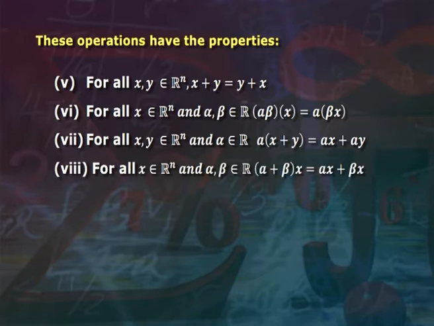For all x in Rn, alpha, beta in R, (alpha plus beta) x equal to alpha x plus beta x. 9. 1 x equal to x for all x in Rn.